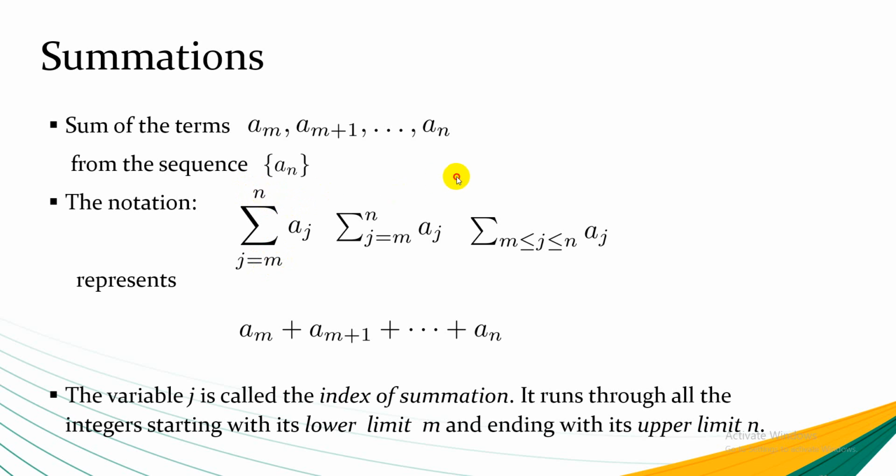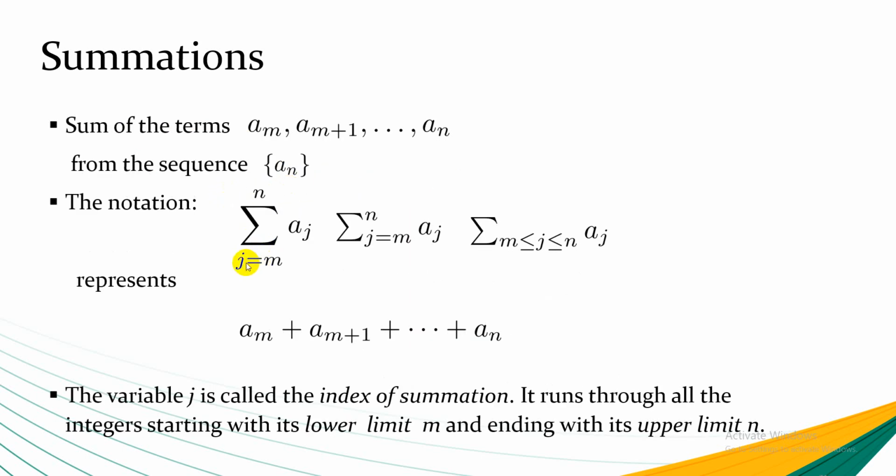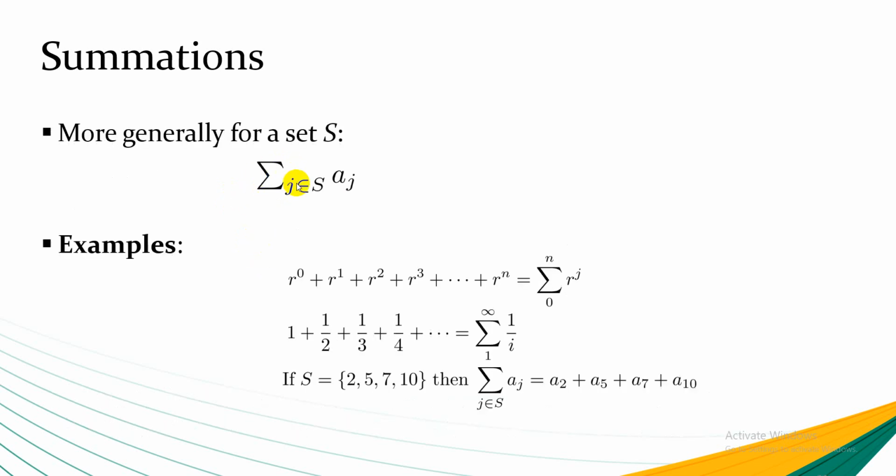Both are included. More generally, we can also say the sum of a_j with j belonging to S. Because what we have seen here is that j goes from m to n, but here it doesn't go from m to n.